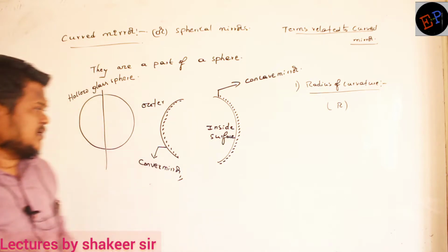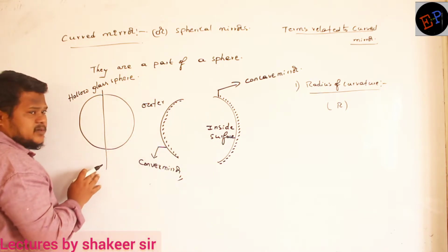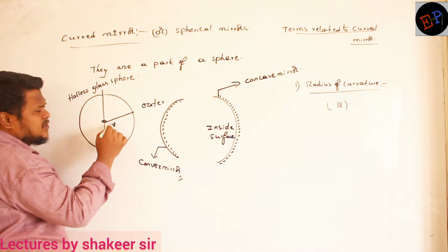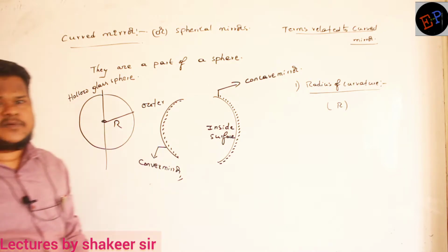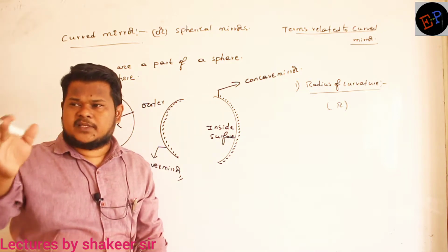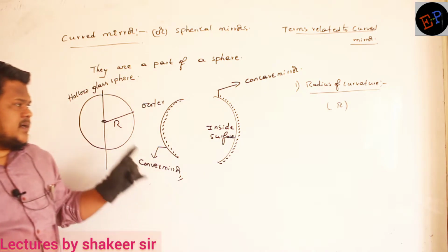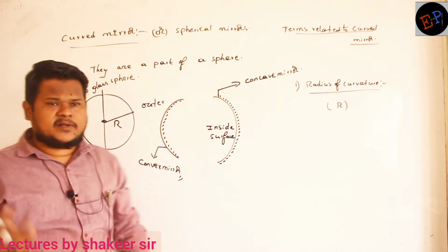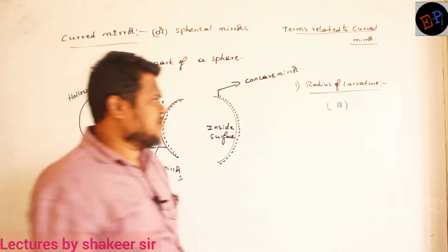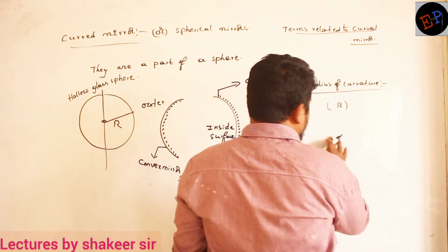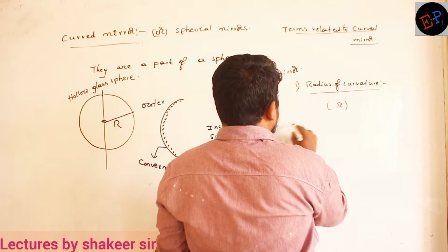Are you able to understand? These two mirrors are made from this sphere, so you take the radius of this sphere, and this radius is nothing but radius of curvature. How much curved they are is decided by the radius itself. So how do I write this in the form of a statement?